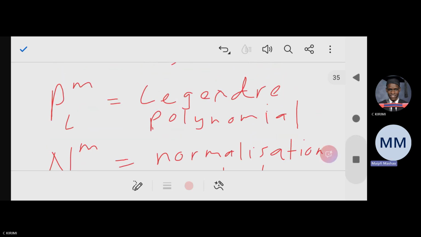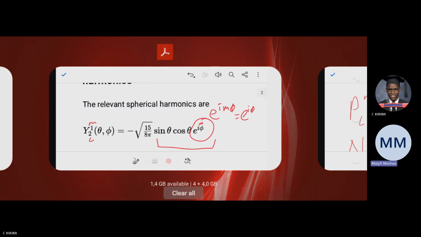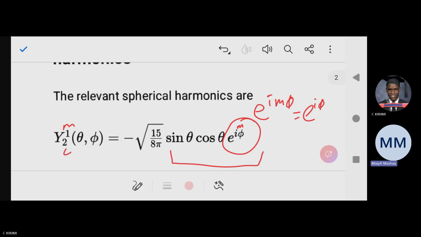The y, those two equations, the y where we have 1 and then where we have 2. That equation, are we given that equation? Y2 to the power 1.